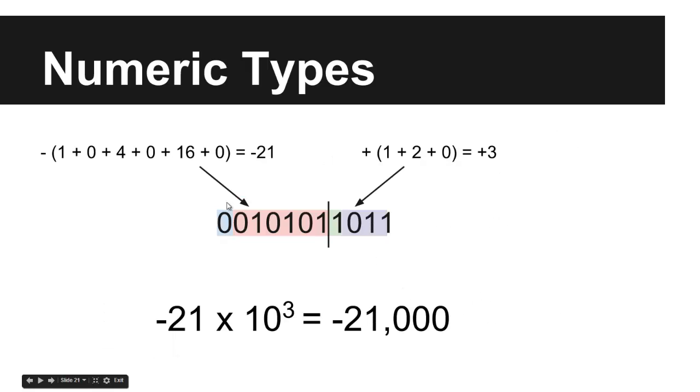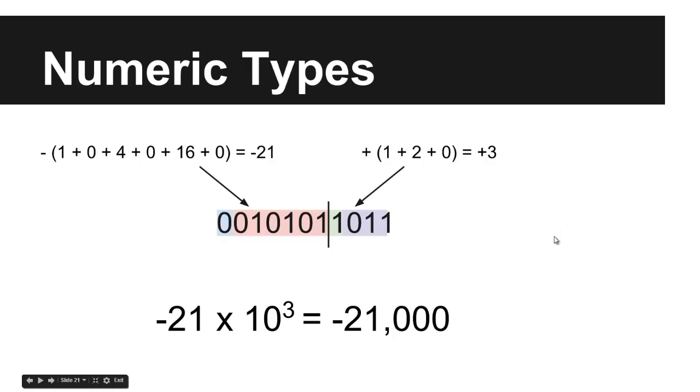So when you break it down, we have a 0 here, so it's negative, then 1 plus 4 plus 16, which ends up being negative 21, times a positive 10 to the power of 1 plus 2 is 3. So we have negative 21, that's the part on the left side of that bar, times 10 cubed, that's the part on the right side of the bar. So this ultimately represents negative 21,000, as the case may be.